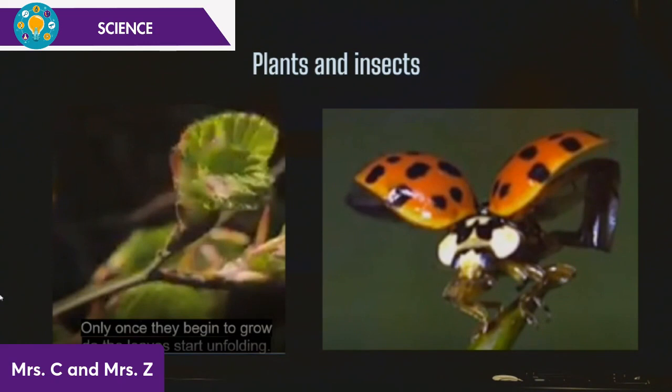We also have a plant on the other side, and that leaf only starts to unfold as it starts to grow. So next time you have a seedling or a plant that's growing in your home or outside, watch and see how those leaves unfold as they start to grow.